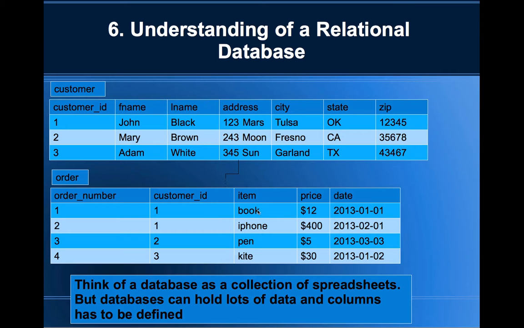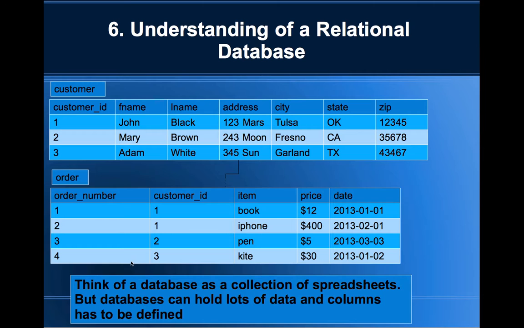We can see here he has bought on the first row a book. The price is $12 and the date is so and so. And he also bought an iPhone. So you can see that those first two rows relate to the first customer. The third row belongs to customer number 2, Mary.